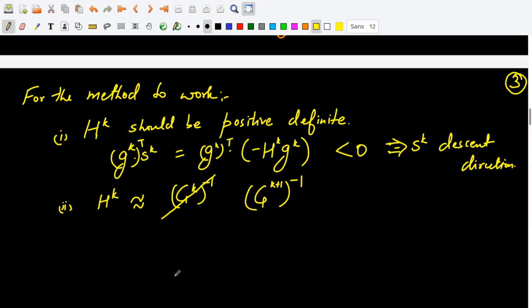The reason is that after every iteration, s and alpha are chosen after H. So once I have chosen H, then only then in the next step I do a line search along s and find alpha.